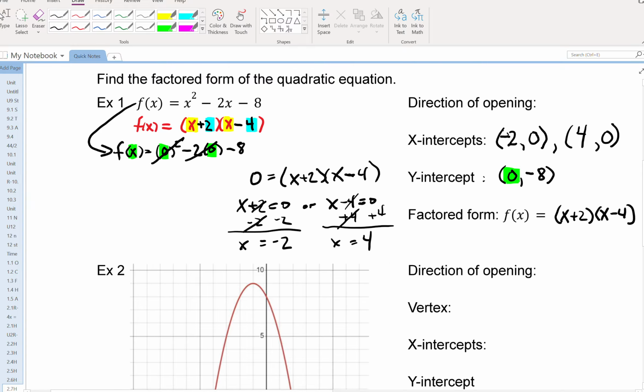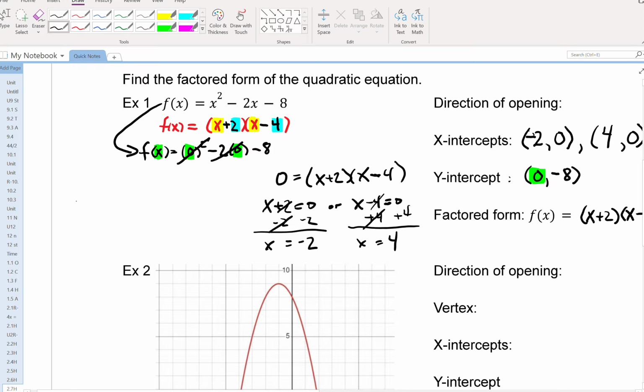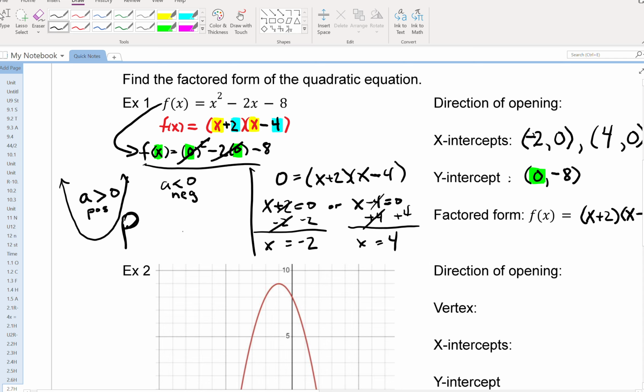Okay, direction of opening. If a is greater than 0, which is to say it is positive, then your parabola opens up. But if a is less than 0, that is to say if it's negative, then your parabola opens down.